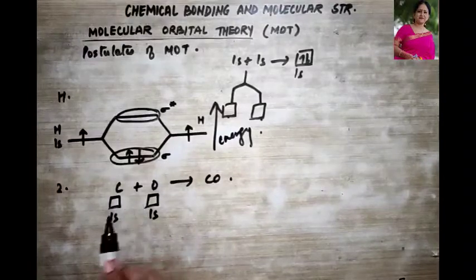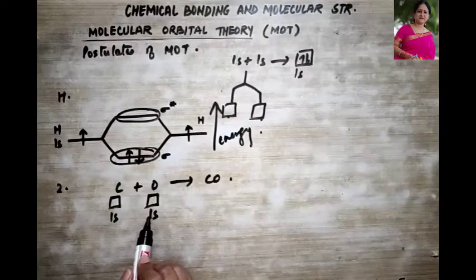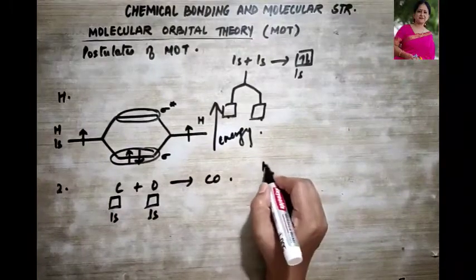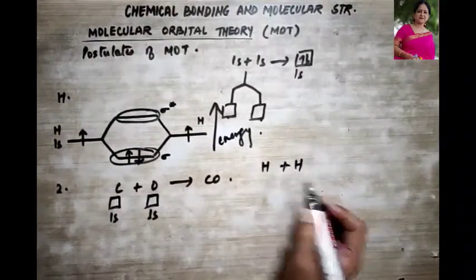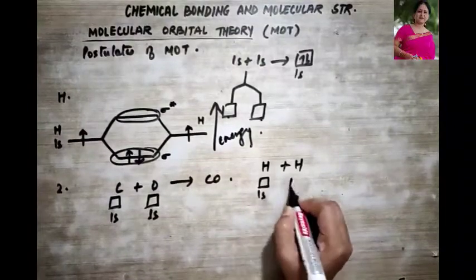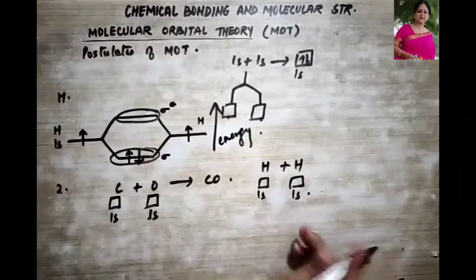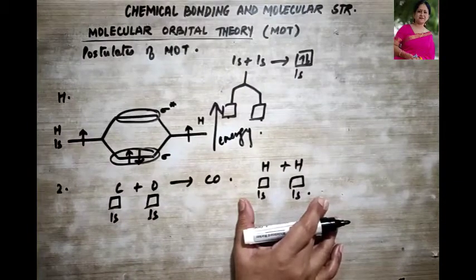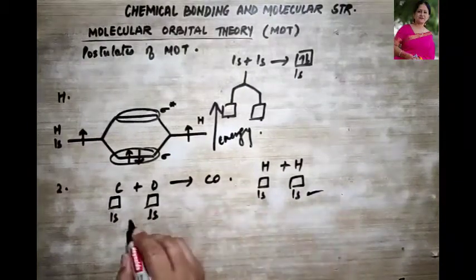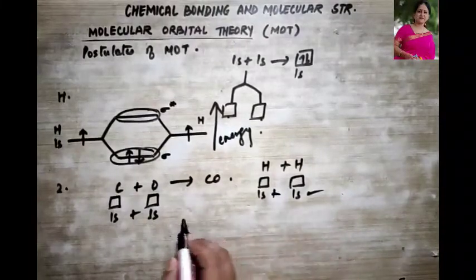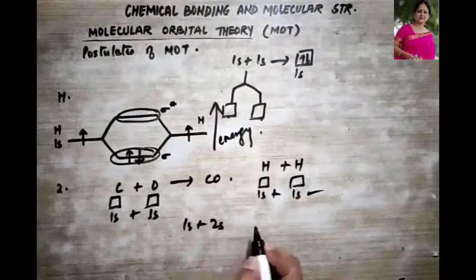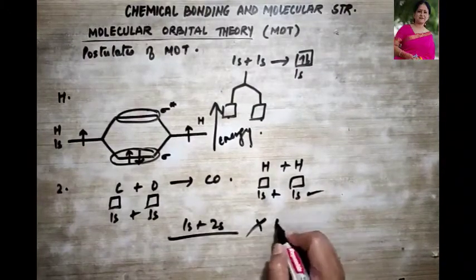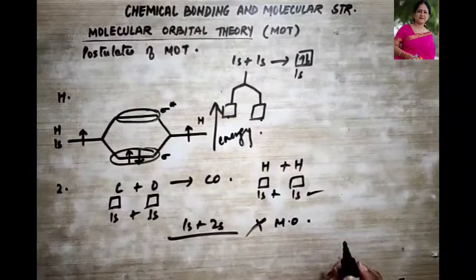The atoms are different, but the energy will be the same. So what did I say? That energy should be the same when they combine, right? Similarly, I had given you hydrogen and hydrogen. This was 1s and this was also 1s. So they both combine, they have the same energy as the atoms are the same. So this is possible. But remember, 1s plus 2s, this combination does not form the molecular orbital.